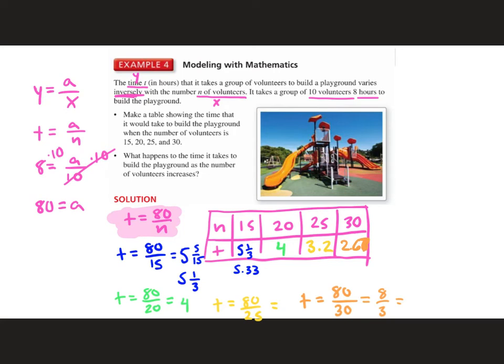Alright, the next question asks, what happens to the time it takes to build the playground as the number of volunteers increases? So we see that our number of volunteers is going up. What happens to the time as the number of volunteers goes up? It decreases. Time decreases.